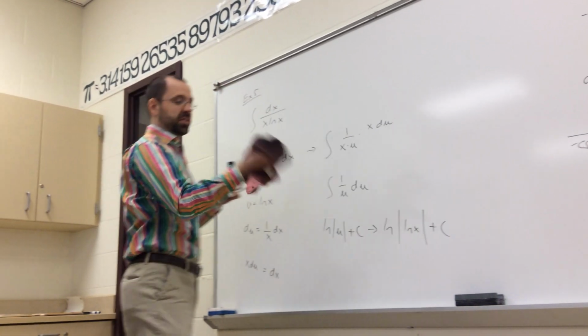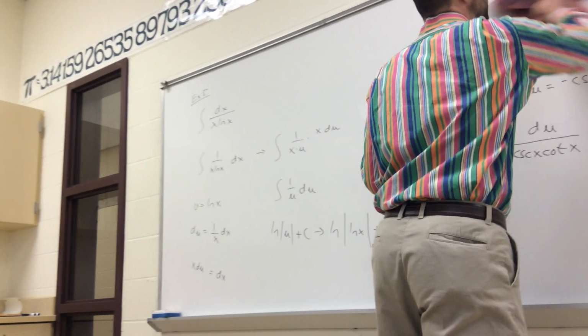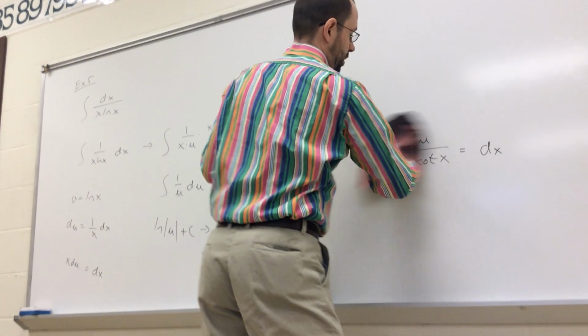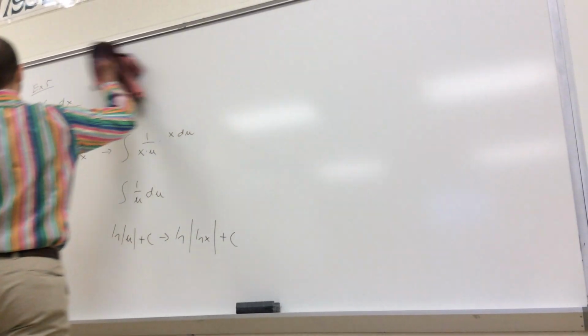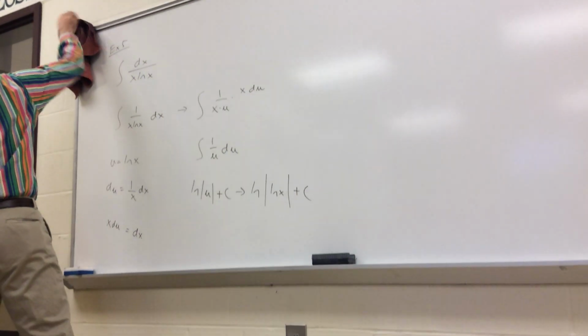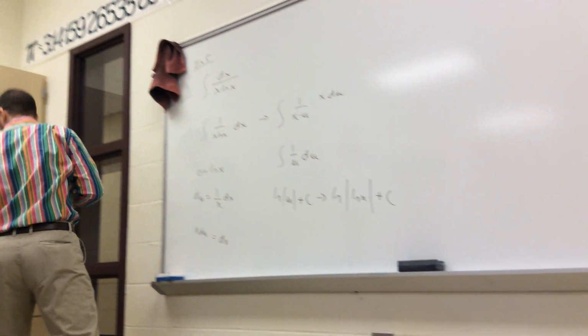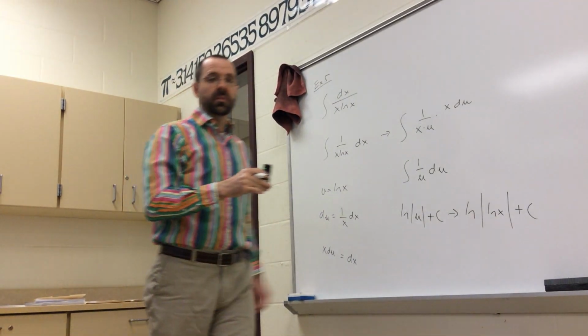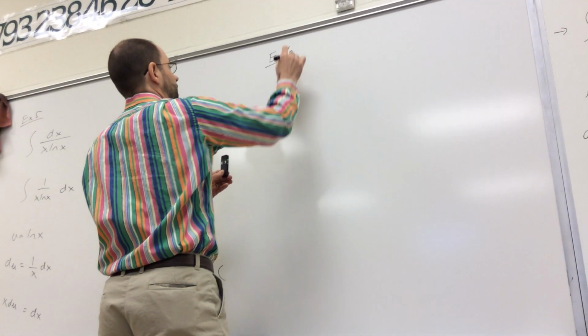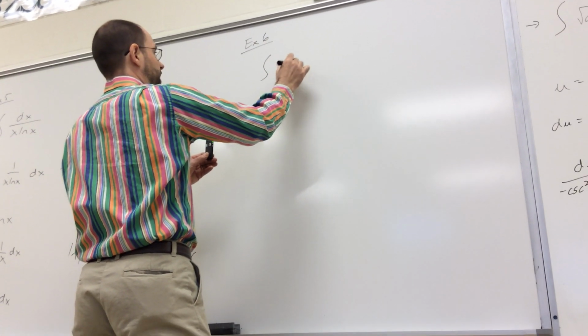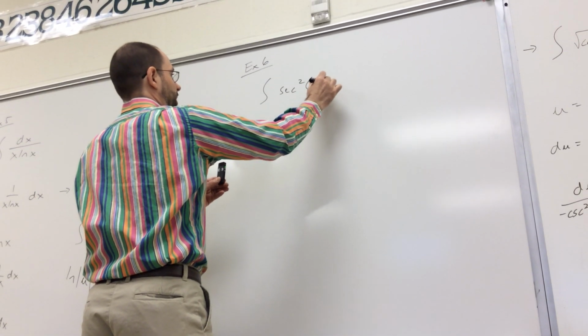Okay, so we did a bunch of hard ones. Now I want to go back quickly just to two easy ones, ones that we already knew how to do before today. So this is example 6, and it's the antiderivative of the secant squared of 4x plus 2.